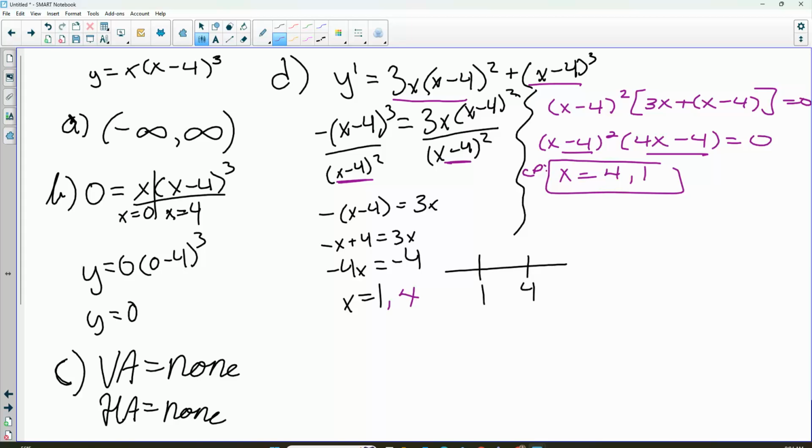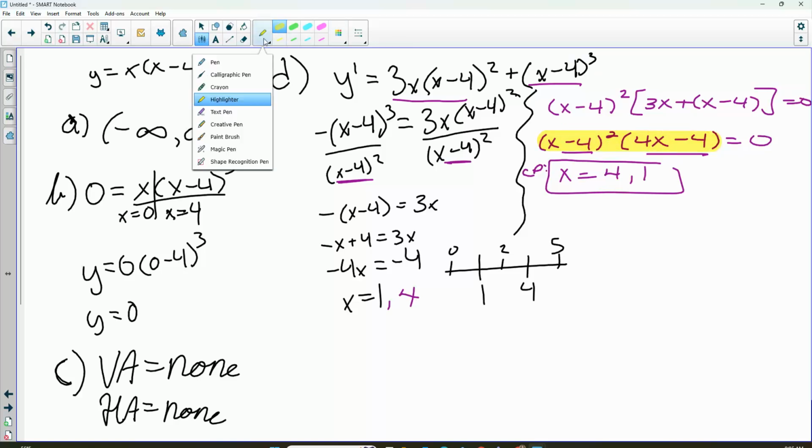Okay, so then we do our test points. Okay, so if we put in 0, remember we put these into the derivative. You're welcome to just plug them in, maybe right here. That might be the easiest spot when everything is nice and factored. Put in a 0.